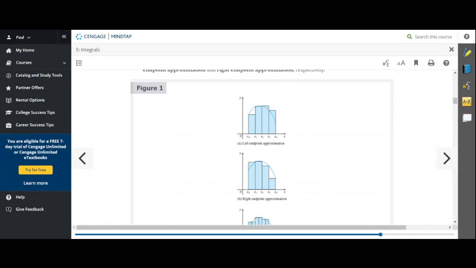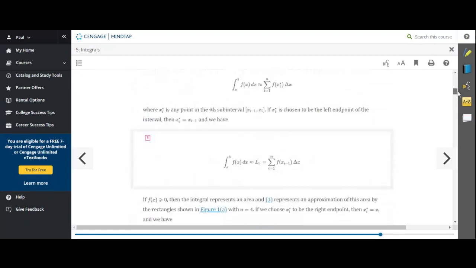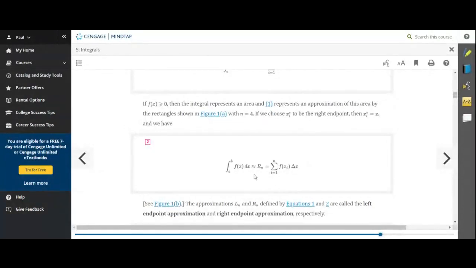Now you'll notice that it's an approximation. The area under the curve isn't exactly equal to R sub n, in this case R sub 4. It's an approximation. But is there a way we can make the approximation better?